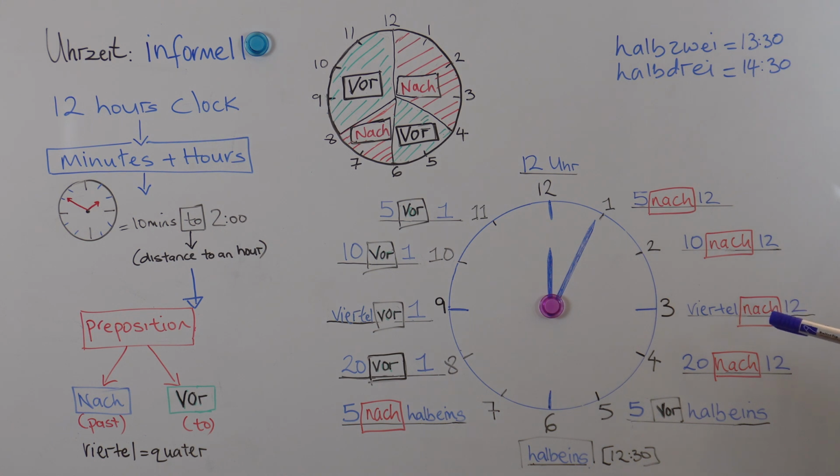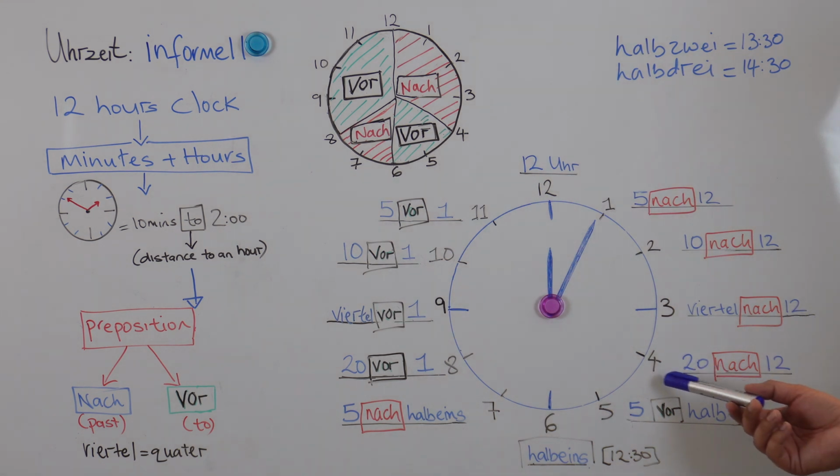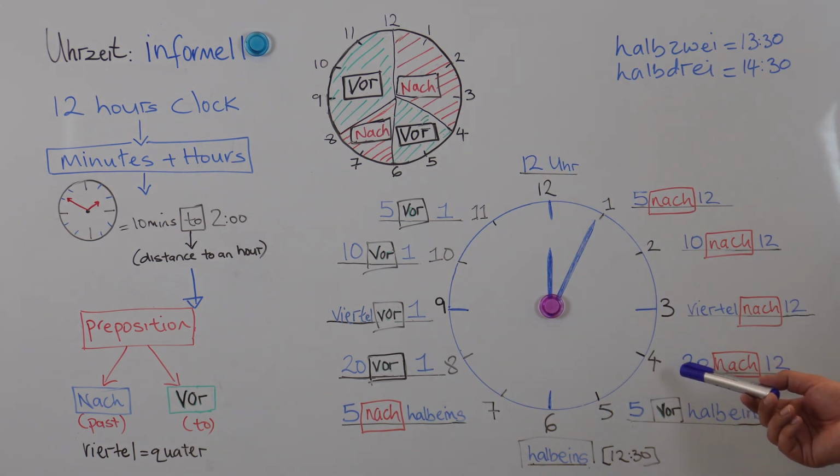As you can see, the translation of quarter into German is Viertel. So quarter past 12, Viertel nach 12. When you have 20 minutes on the clock after 12, you will say in English 20 past 12, and it will be translated into German as 20 nach 12.